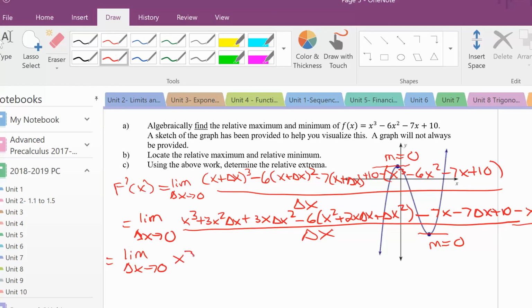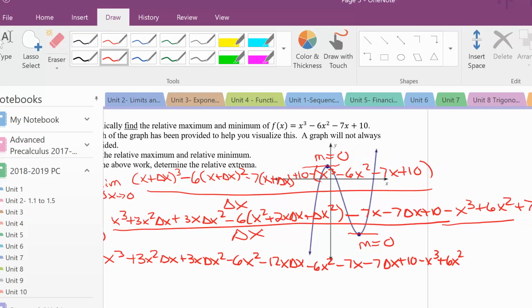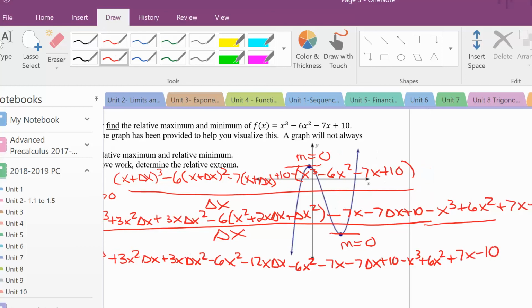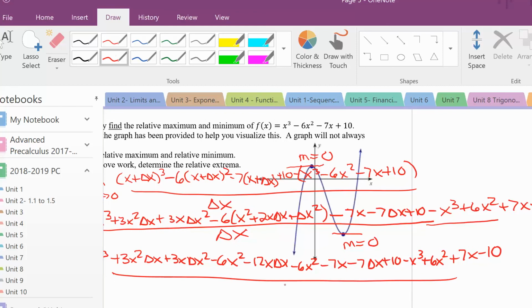So we have x to the third plus 3x squared delta x plus 3x delta x squared minus 6x squared minus 12x delta x minus 6 delta x squared minus 7x minus 7 delta x plus 10 minus x to the third plus 6x squared plus 7x minus 10, and that's all over delta x.